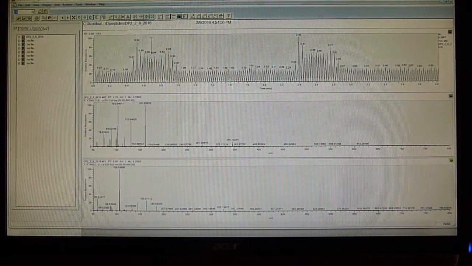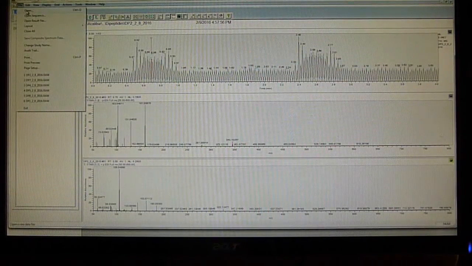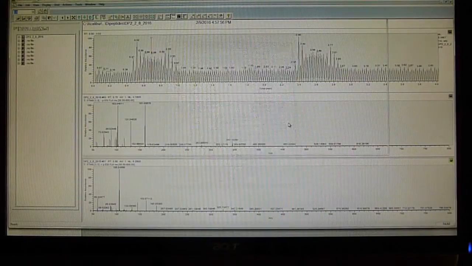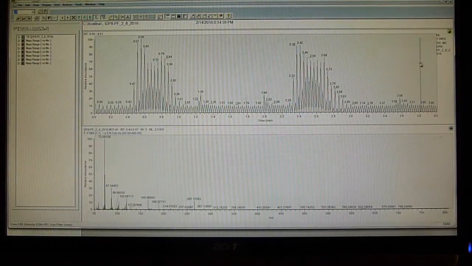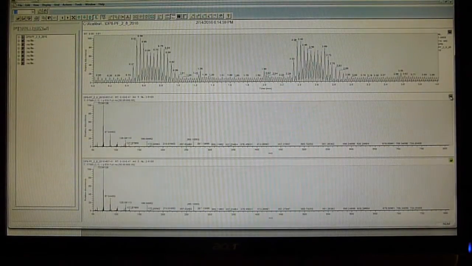Let's take a look at the data. So, we're going to open that file. In the top cell we have the composite TIC. In the bottom we have a spectrum. I'm going to add a cell into the view.